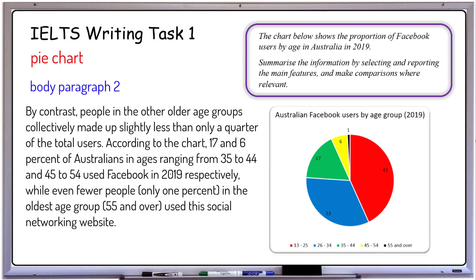What's more, the adverb respectively indicates that the percentages and age groups are linked in the same order as they have been written. Finally, in order to make sure that I'm not repeating the verb phrase used Facebook, I paraphrased it in terms of its utility.